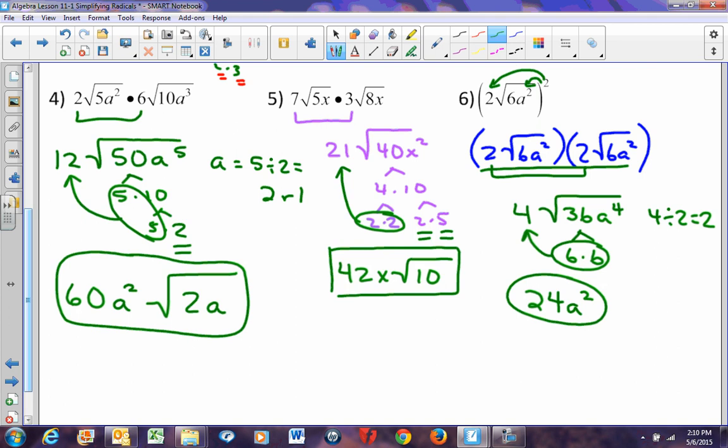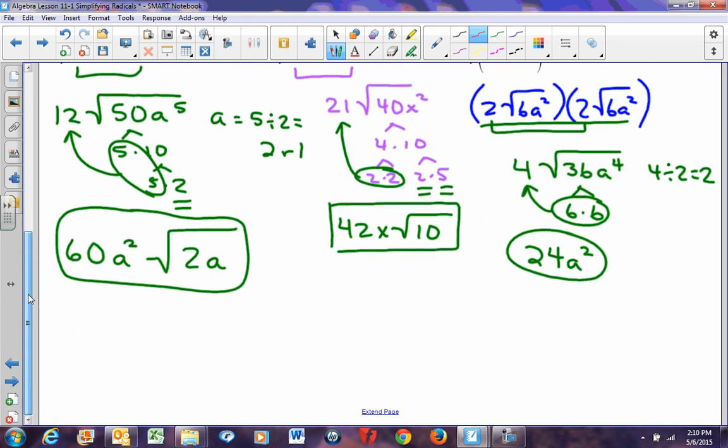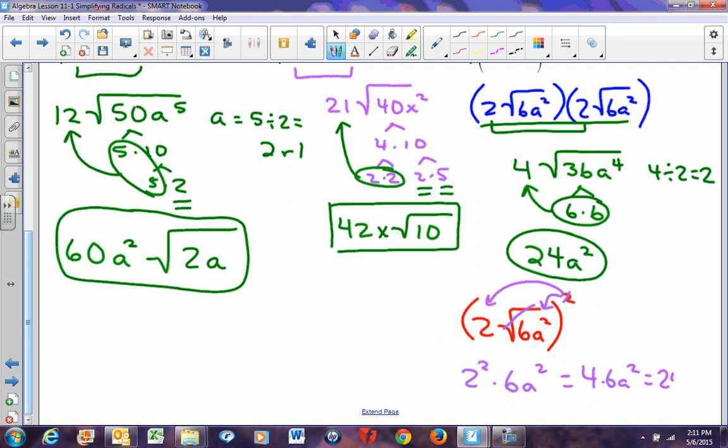If I was going to distribute my exponent, like I did in the little green arrows up there, if I have 2 square roots of 6a squared, and I'm going to take that, square it, and I distribute this 2, I would have 2 squared times, this 2 cancels out this square root, so it would be times 6a squared. 2 squared is 4, so I would have 4 times 6a squared, which is 24a squared, which is exactly what I've done right there.